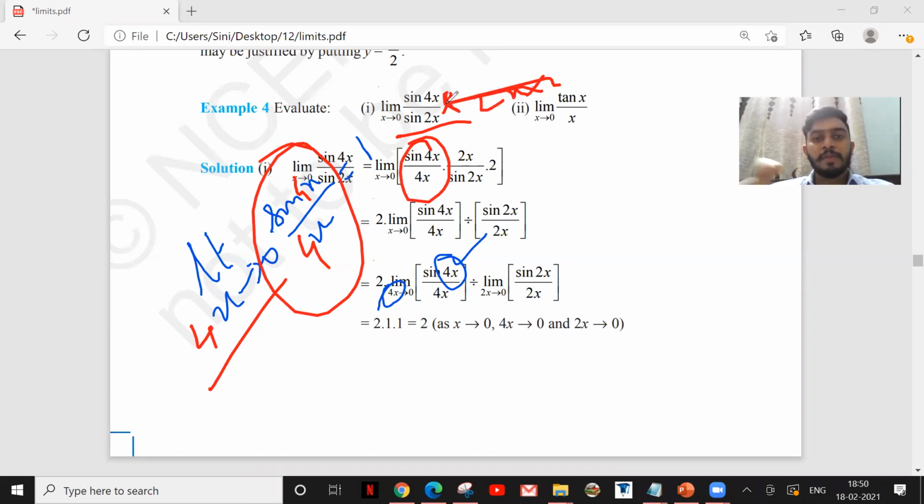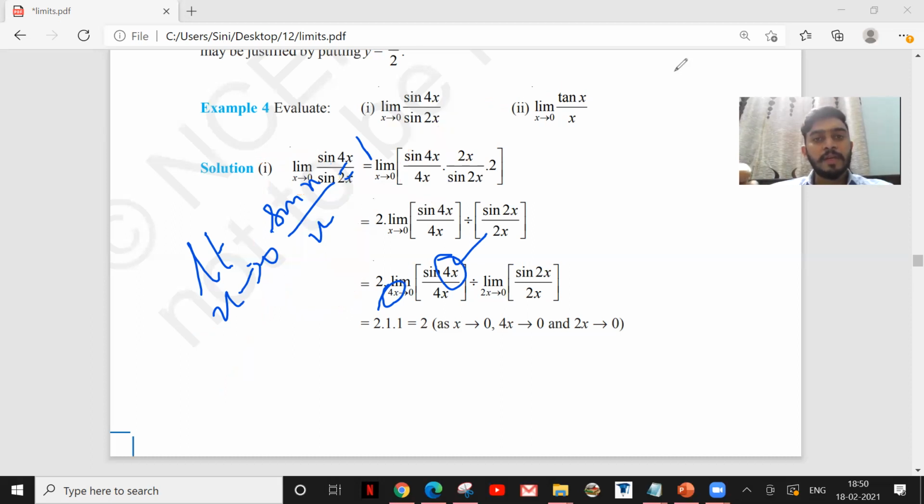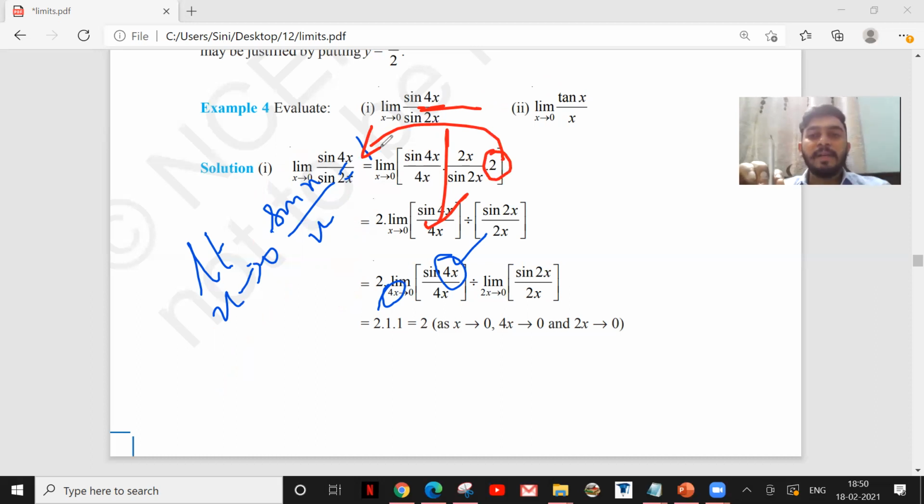So coming to this, we'll get one term as sin 4x by 4x. The other is multiplying 2x by sin 2x into 2. This 2 I can take outside because I am putting my limit only for x, not for the constant 2. So I'm taking it outside. Sin 4x by 4x divided by sin 2x by 2x. Same thing, only I wrote it in a different format.